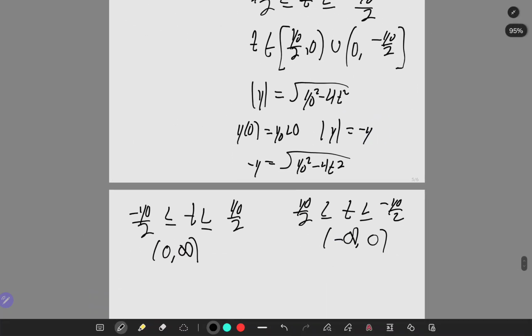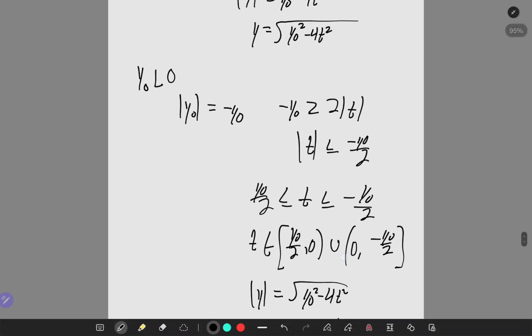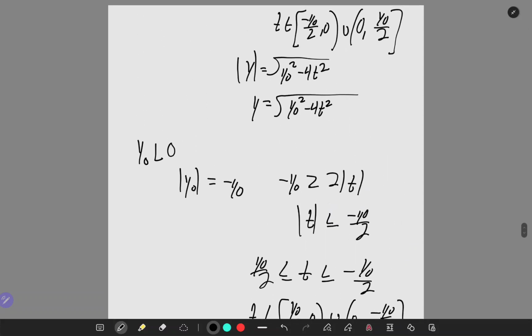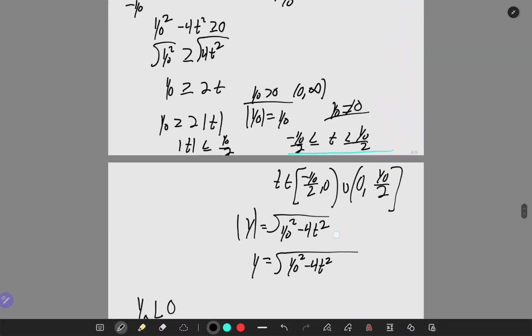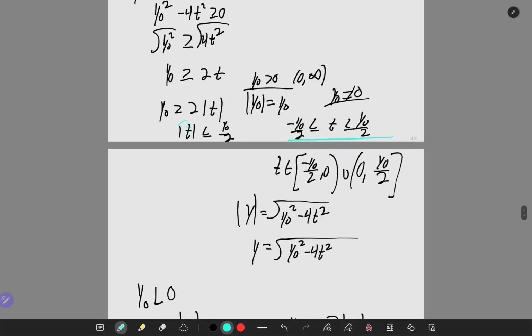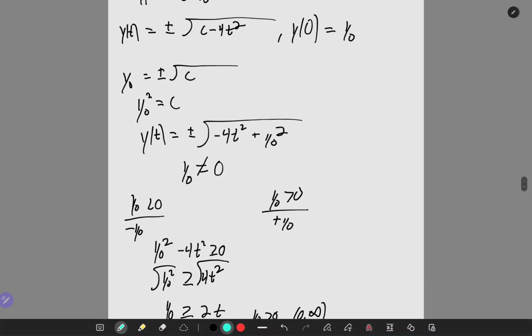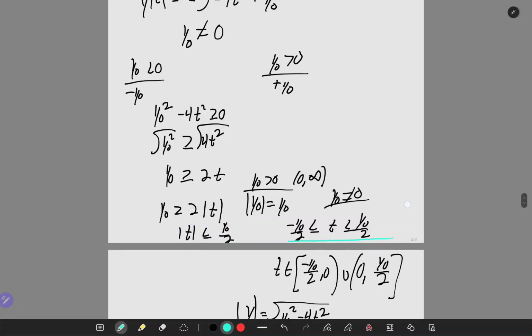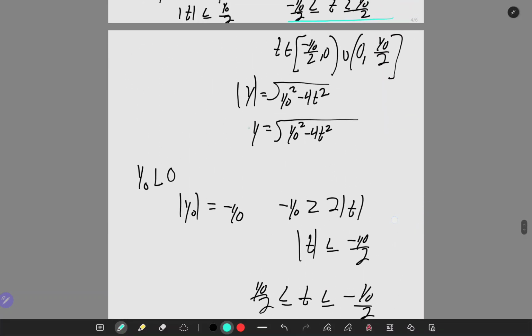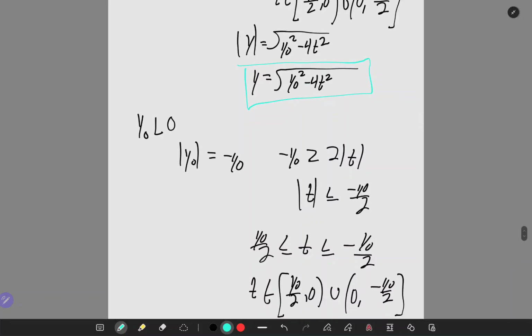So our unique solution is actually, let me see, this can be considered the unique solution. Okay, so we actually have two unique solutions, I guess. This is one, and this is the other one.